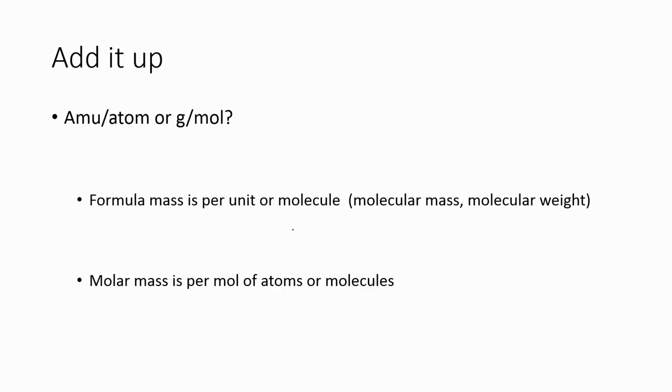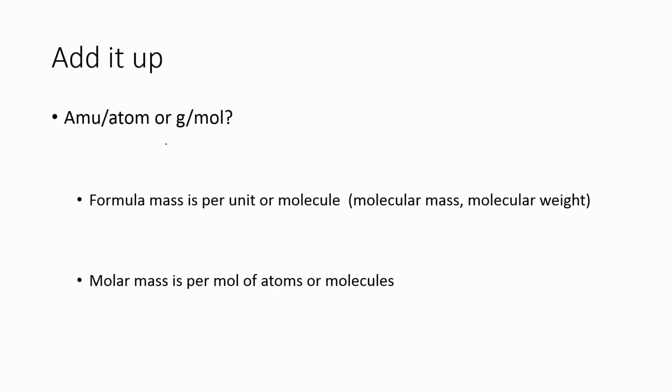In section 3.8, we start getting back a little bit into the calculatory or mathematical aspects of this particular chapter in this particular course. And the concept that we delve into first here is called formula mass.